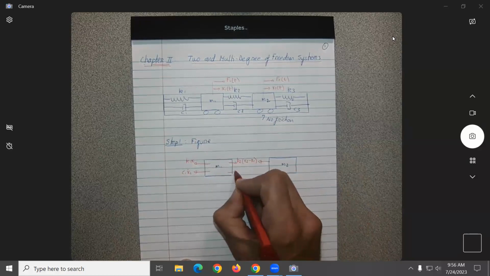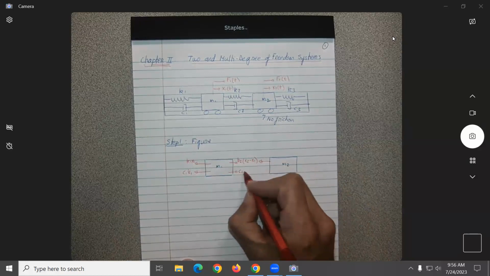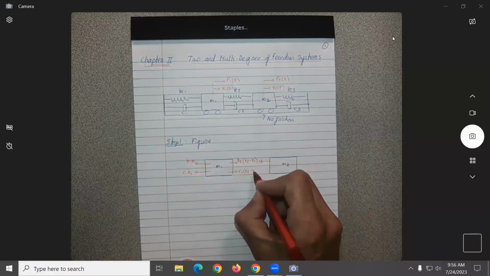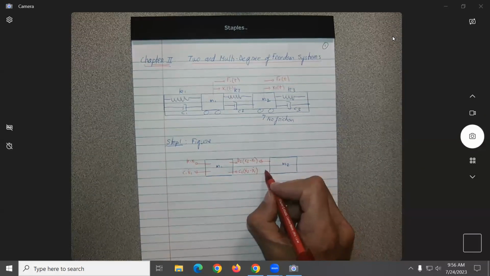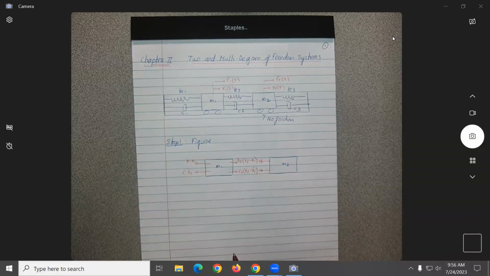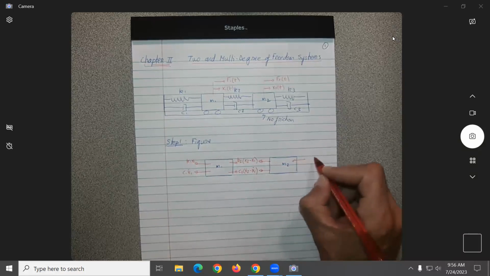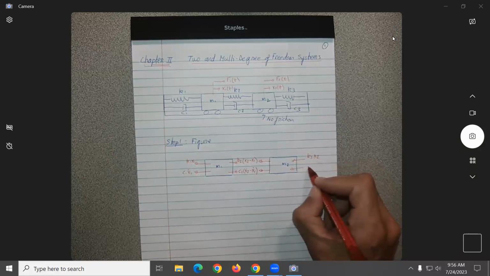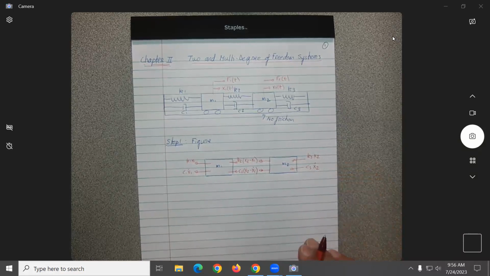And here we'll have exactly the same thing with the damping, x dot 2 minus x dot 1. And then at the end over here, that one is easy, K3 x2, C3 x dot 2, no?